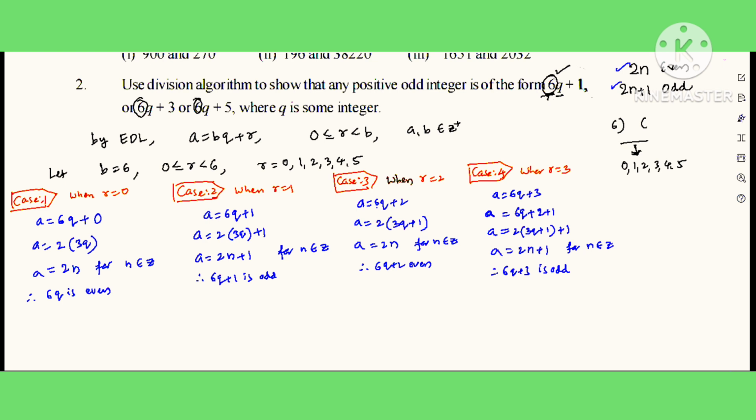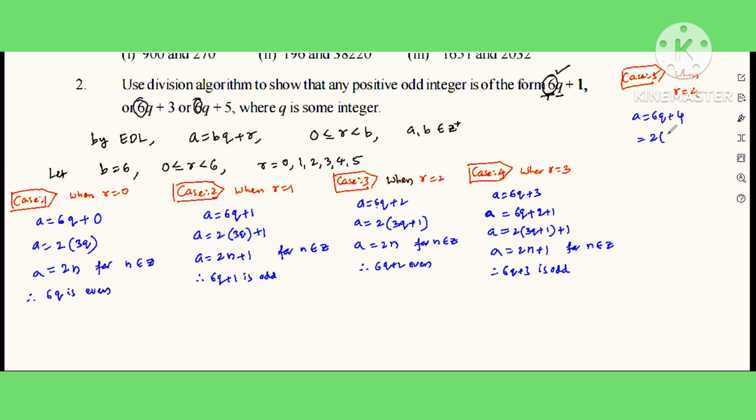Now let us go for another case, case 5. When r equal to 4, what do you get? a equal to 6q plus 4.